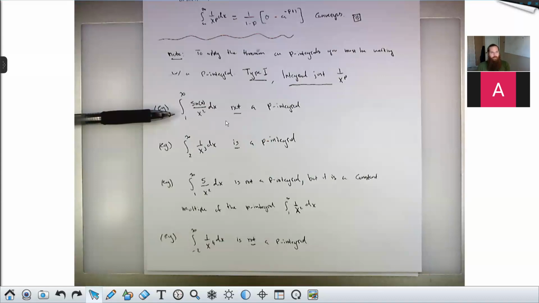Does anybody else agree or disagree? Yeah, that feeling in your bones is a good feeling. This is a convergent integral. The 1 over x squared that's in there is dragging this thing down.